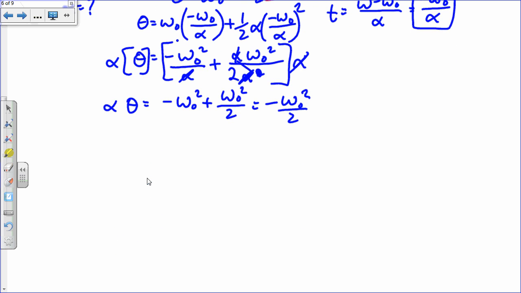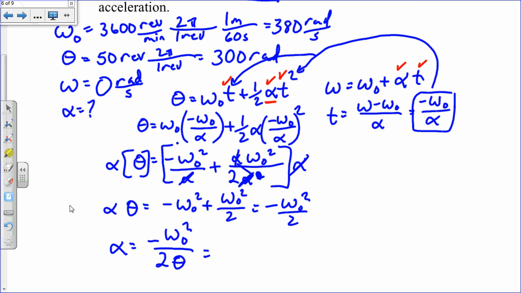I can now solve this for alpha. So alpha equals negative omega naught squared over 2 theta. If I put in my numbers, omega naught is 380, negative 380 squared over 2 times 300 radians.